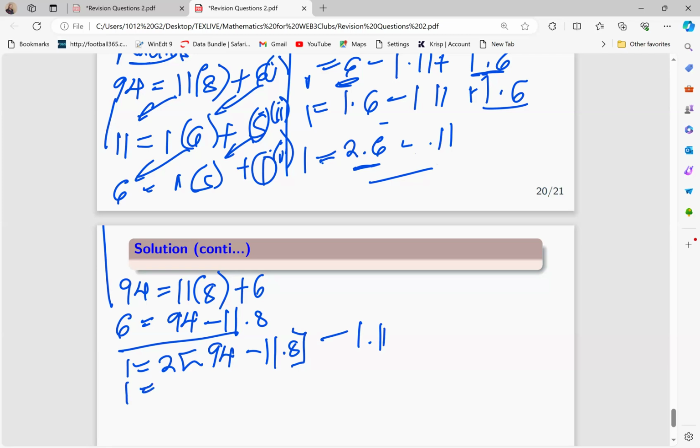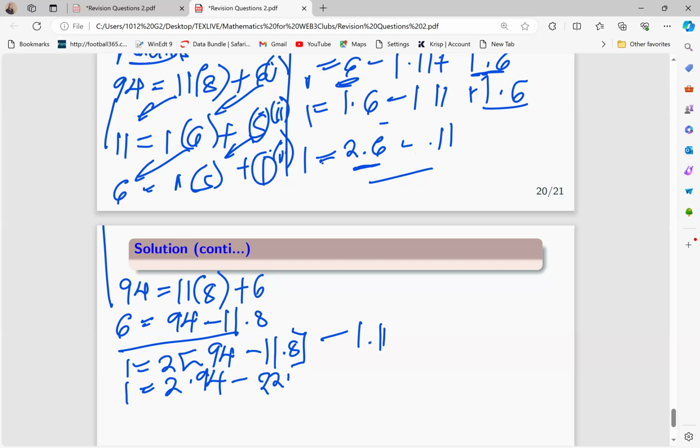So it becomes 2 times 94 minus 2 times 11 times 8. Am I looking for 11? So we leave 11 alone.